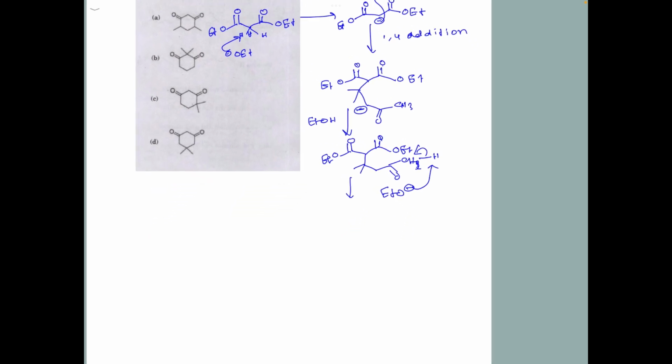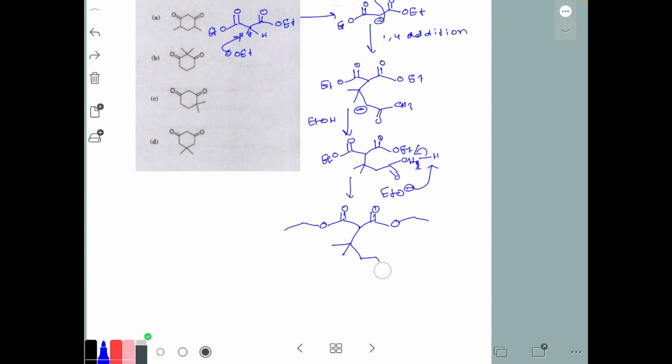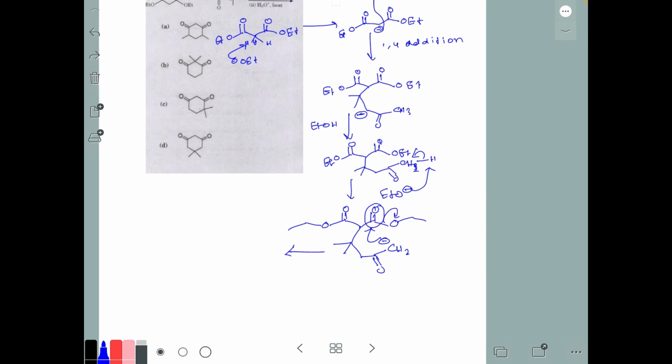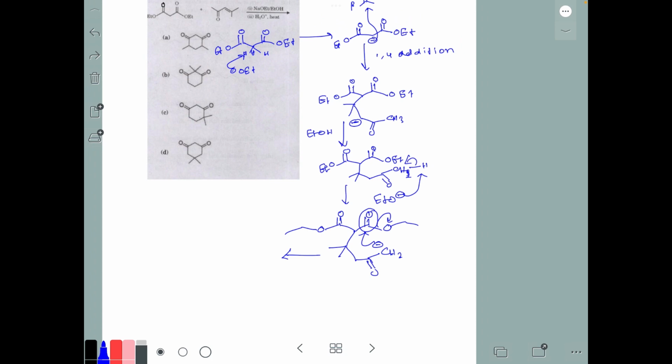This alpha hydrogen is also an acidic alpha hydrogen. This carbon is an electrophilic carbon, so this anion will attack here, and this ethoxide will be removed from this molecule, and we will have the 6-membered ring as product.